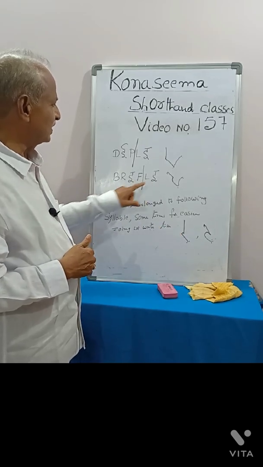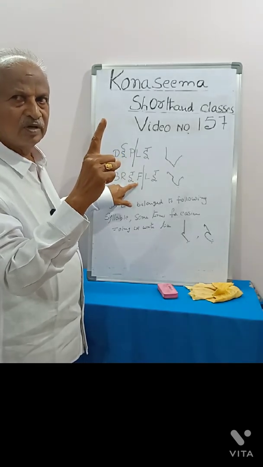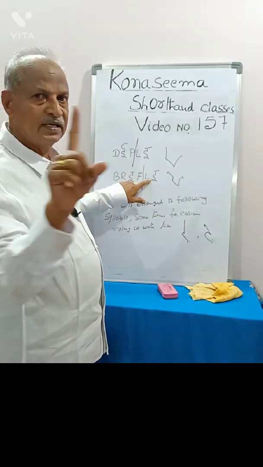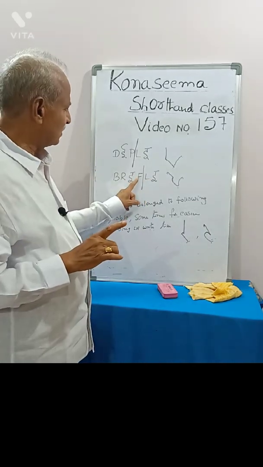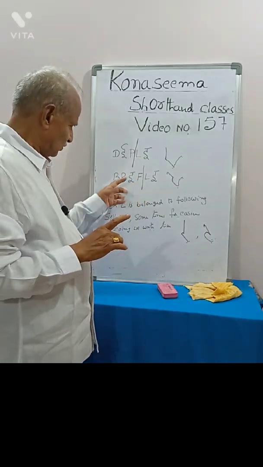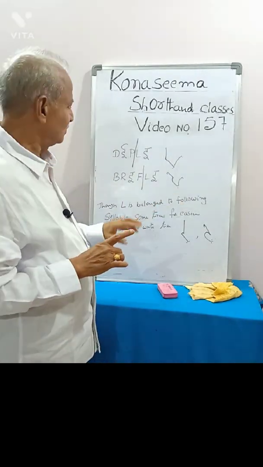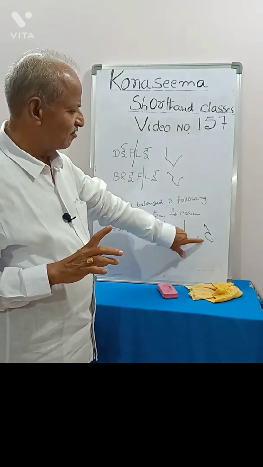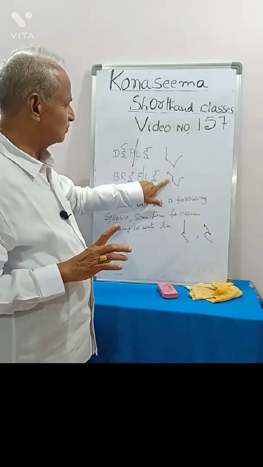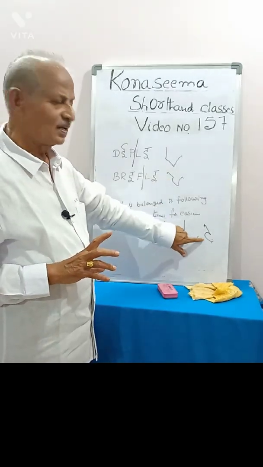Here briefly, brief is one syllable, and li is the second syllable. So this F is in this syllable and L is in the following syllable. But for easier writing, instead of this, it is written like this.